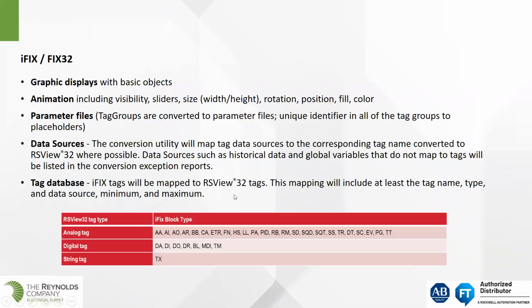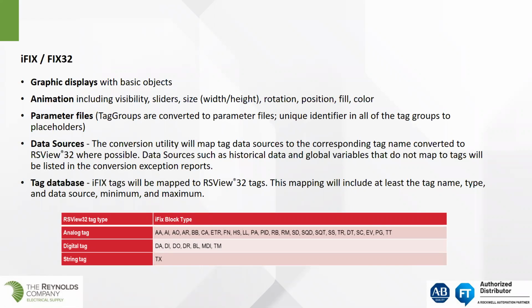The animation is converted on the graphics, as well as the parameter files which were associated with tag groups before. And a little bit about data sources. Data sources are converted where possible, but because iFIX was designed in a different way, iFIX uses a lot of different types of data sources that RSView32 just didn't use.